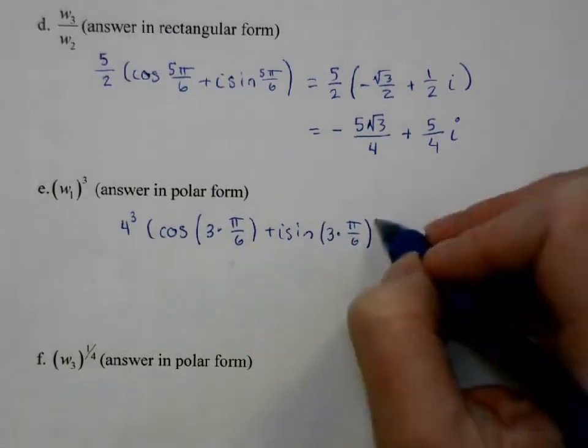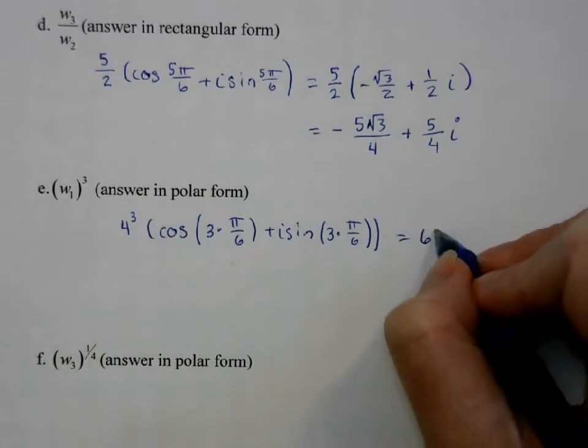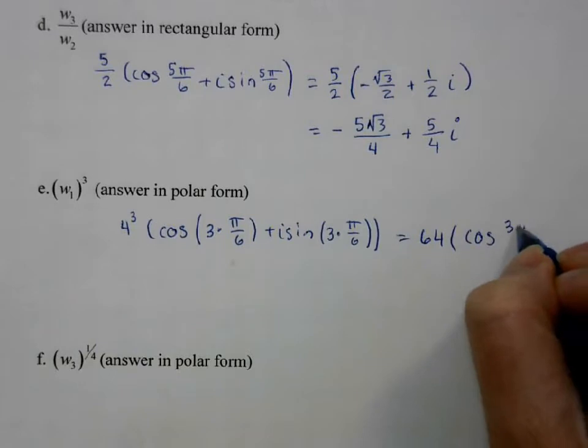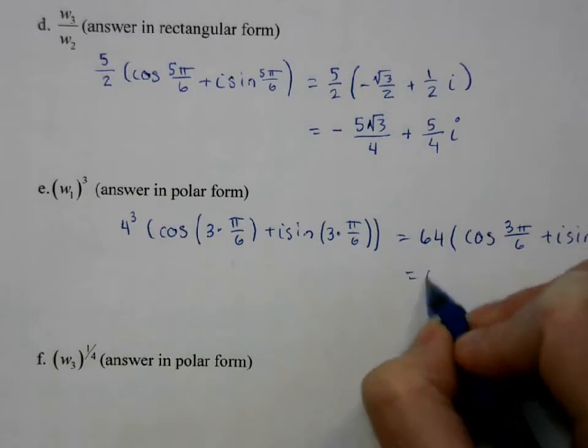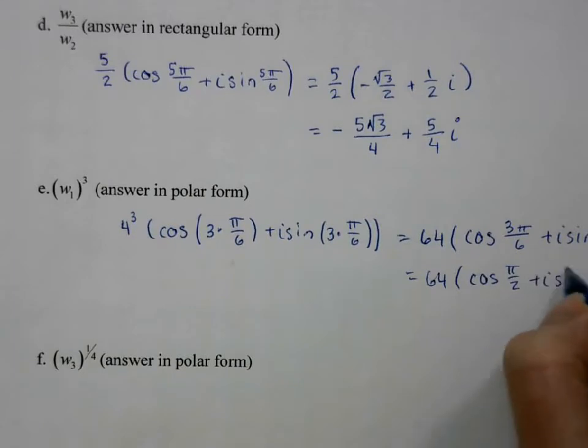Cosine, we have 3 pi over 6 plus I sine 3 pi over 6, which is 64 cosine pi over 2 plus I sine pi over 2. We could certainly turn this into rectangular if needed, but we're asked to do polar, so we're good.